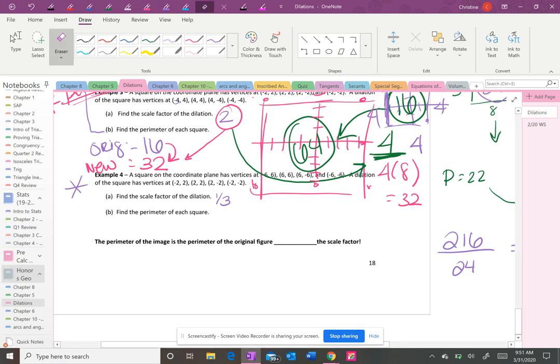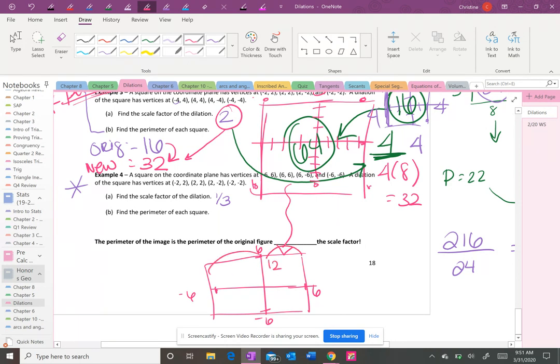So since the first square has points located at all of your 6 values, that means that this side length is 12. So the original perimeter would be 12 times 4, or 48, which means the perimeter of the square that's been scaled down by a scale factor of 1/3 is going to be 16.